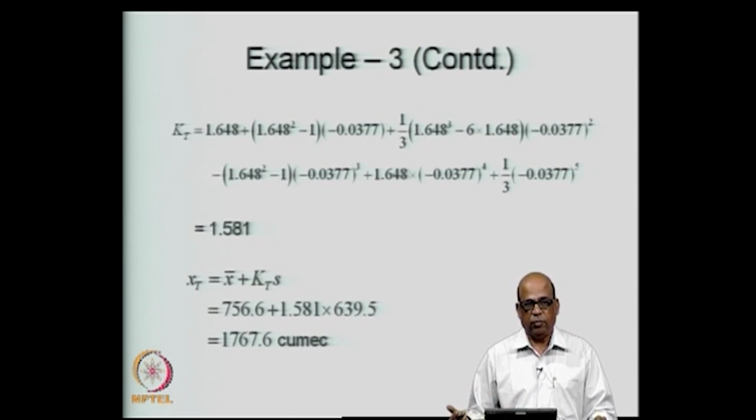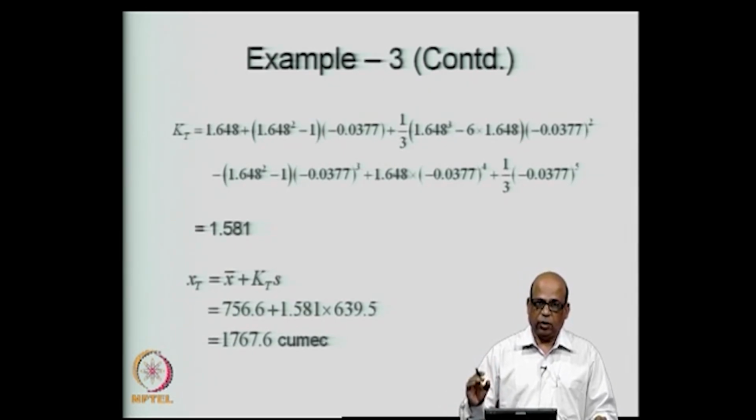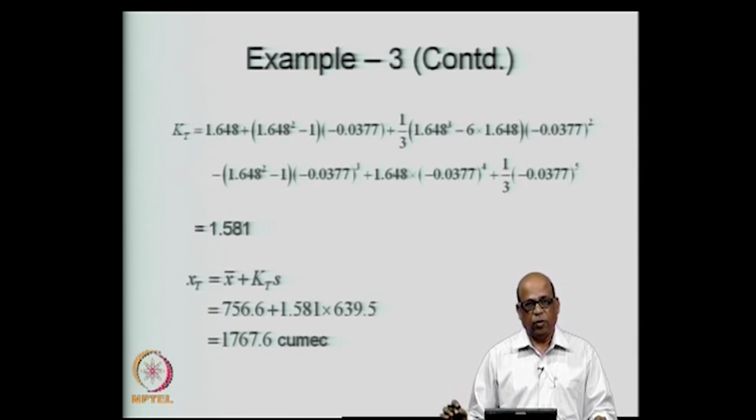Once you get the frequency factor, which is a function of the return period as well as the distribution always. So, kT factor for a return period of 20 years for normal distribution is different from kT factor for a return period of 20 years for extreme value type 1 distribution, different from log Pearson type 3 distribution, and so on.